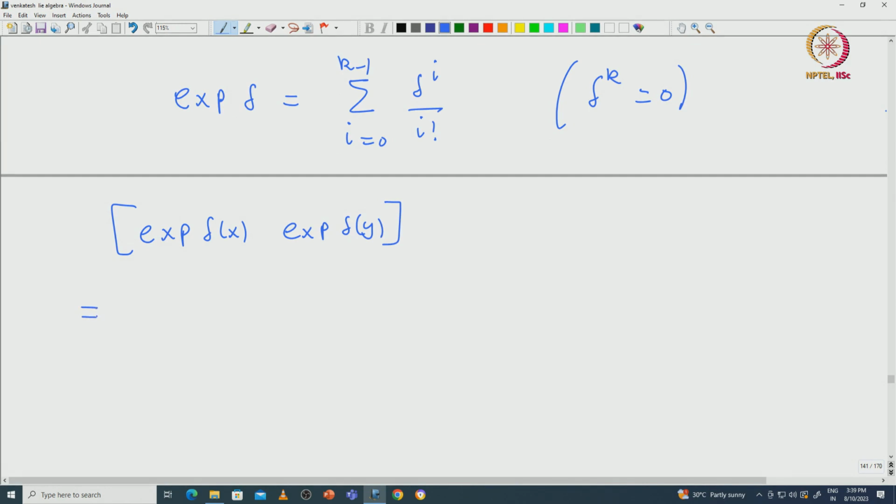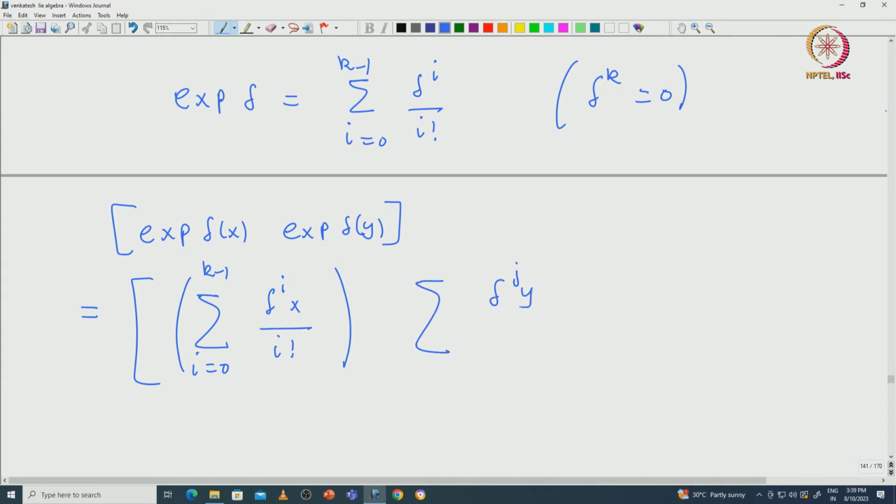I am just expanding the exponential of delta of x, which is the summation, i ranging from 0 to k minus 1, of delta i x divided by i factorial, and on the other side delta j y divided by j factorial, j ranging from 0 to k minus 1.